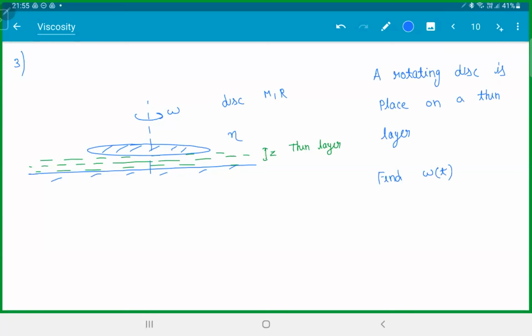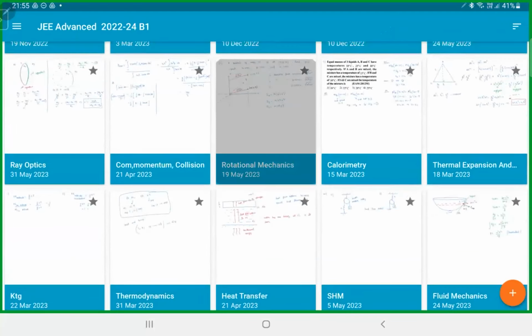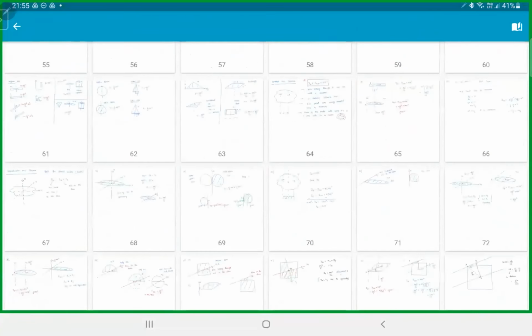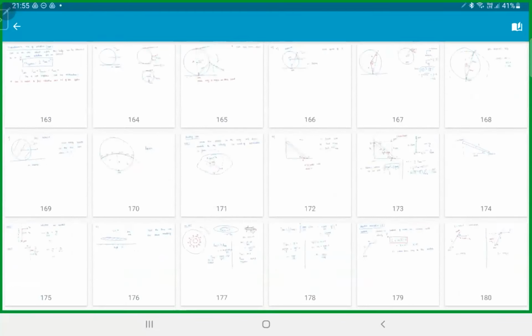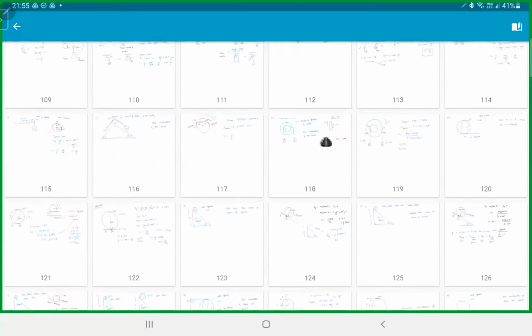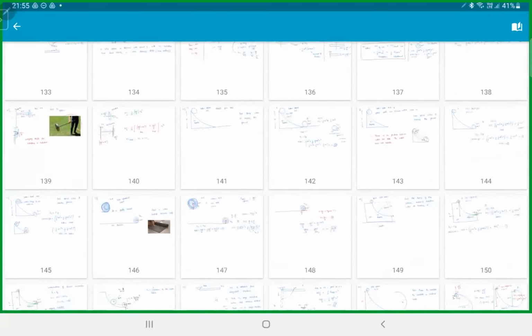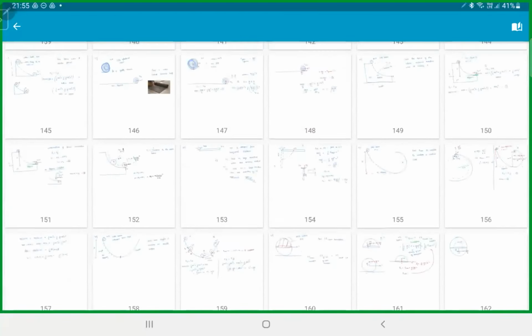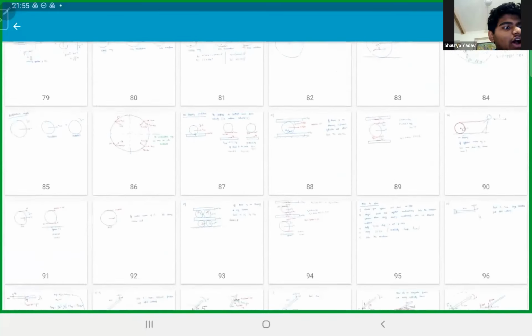Get this thing, everyone. This is an advanced question. Meaning, if someone is wondering what this is, this is what we did somewhere in rotation.